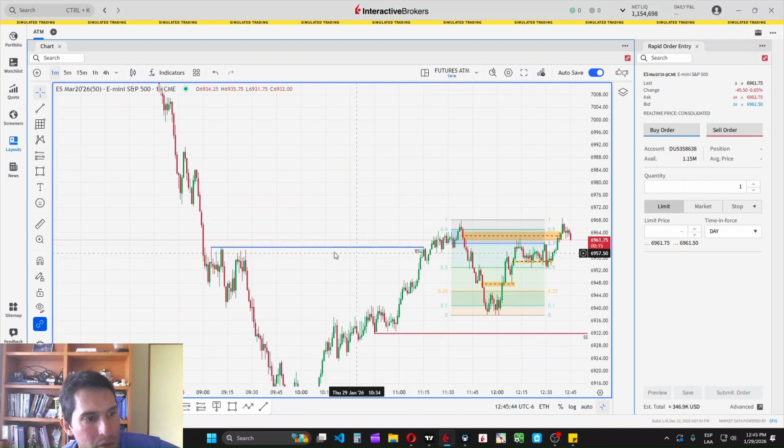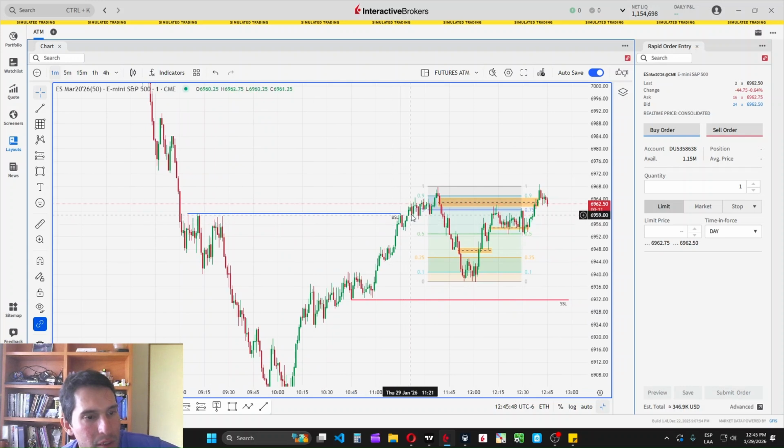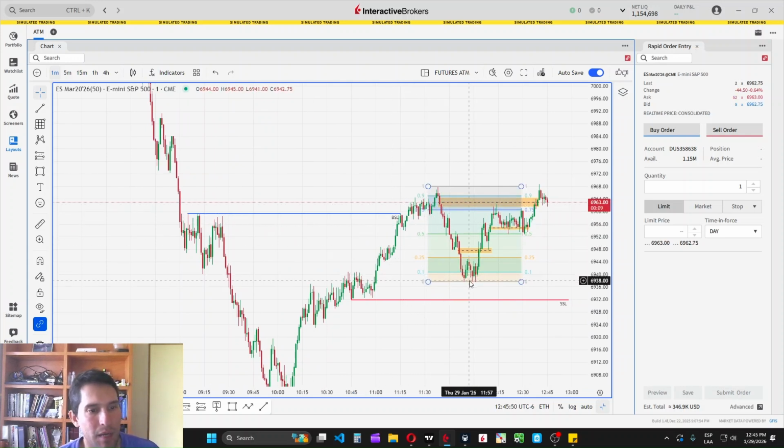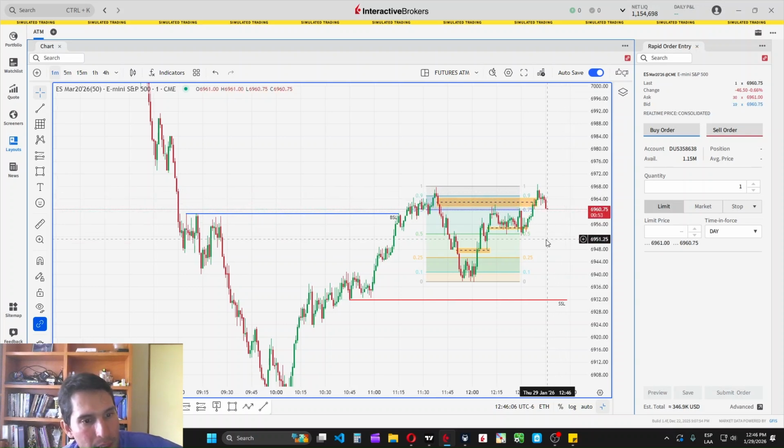As you can see, we took these relative equal highs here, this buy side liquidity, then we pulled back, and then we go up, and then we take this high. For me to take a short at this point, I will need the price to create liquidity here, and then create a shift in market structure, and then try to go short to attack these levels, this one right here, or this one, this one, and also these relative equal lows.